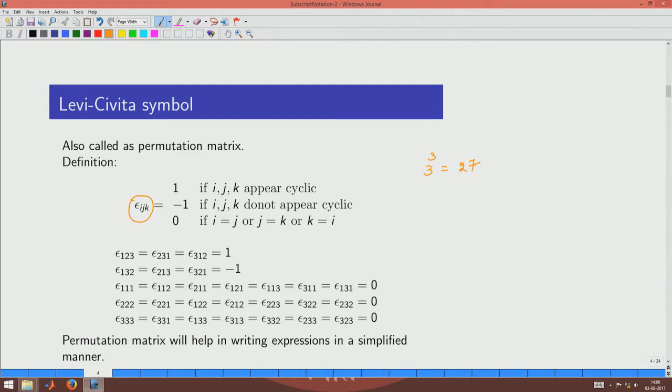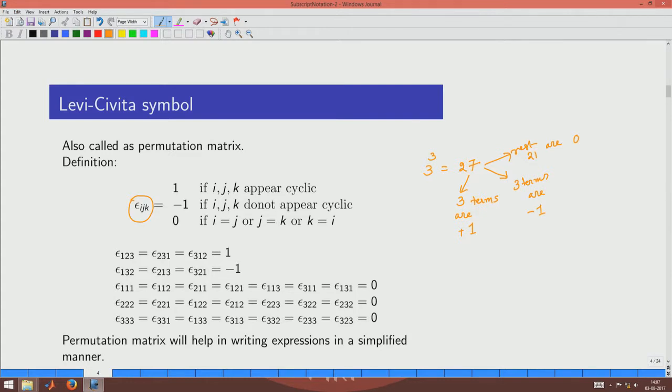So, there are 27 numbers that will be represented by this one symbol epsilon, and out of these 27 we can see that 3 of them are +1, and then 3 of them are -1, and the rest 21 are zeros. And these values are decided by the subscripts of epsilon i, j, k: if they are cyclic, then it is 1, if they are not cyclic, then it is -1, and if there is any subscript that is repeated, then we have that as 0.